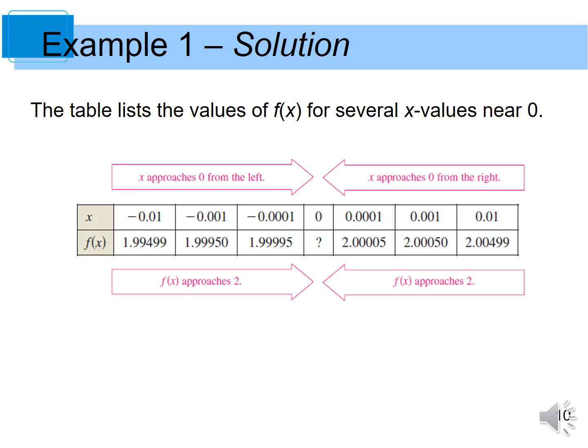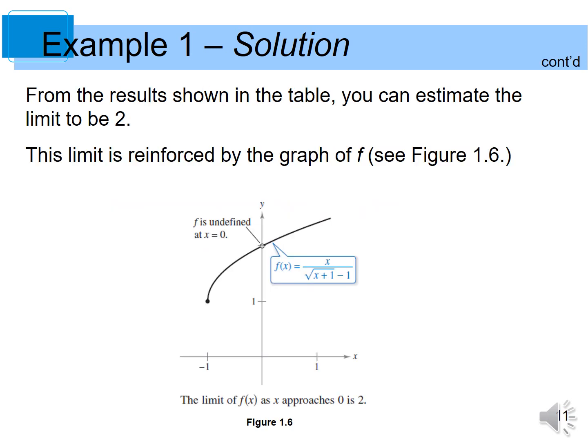You can construct a table, set the values of x approaching 0 from left and from right, and we calculate the output, the f(x) value, and we found that f(x) approaches 2 from left and also from right. From the result in the table, you can estimate the limit to be 2.